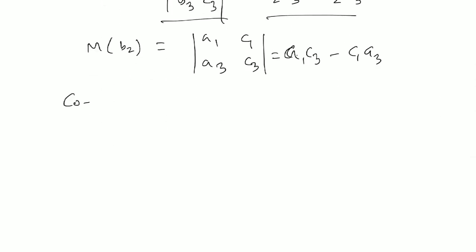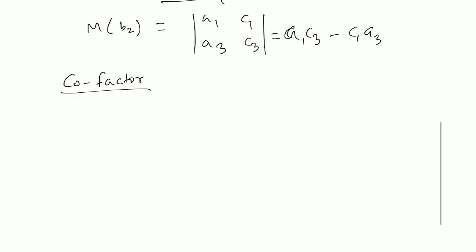Now another term is the cofactor. In a cofactor, we have a sign for every position. Suppose this is a 3 by 3 determinant. The signs are plus minus plus, minus plus minus, and then plus minus plus.